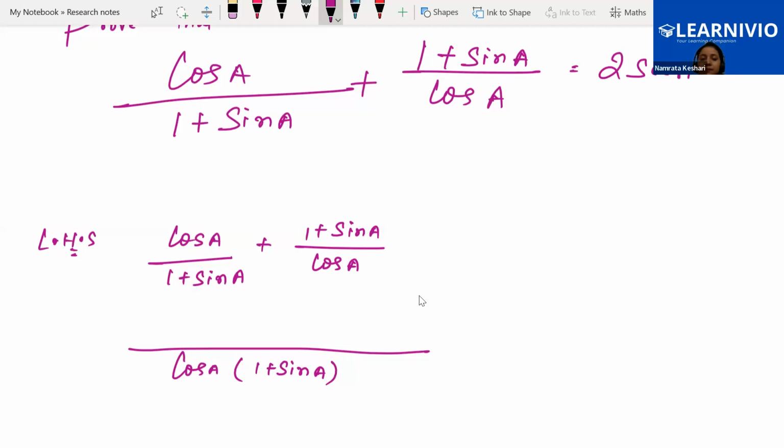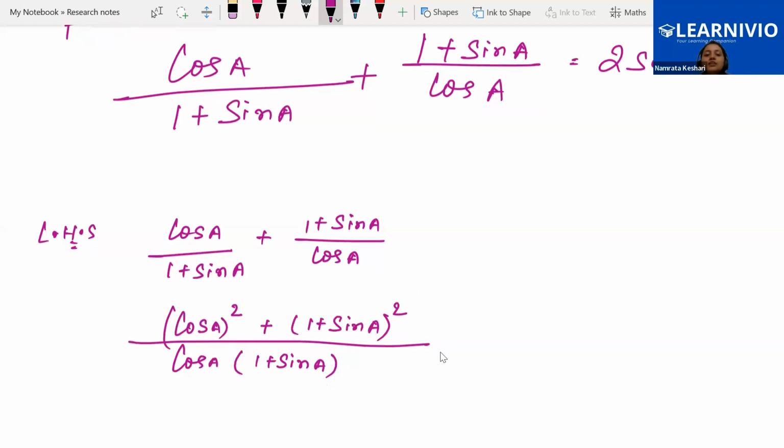Cos A square, or cos square A, plus 1 plus sin A whole square. After looking at this step, one thing comes to mind: let's expand it because we don't know where to go, right?